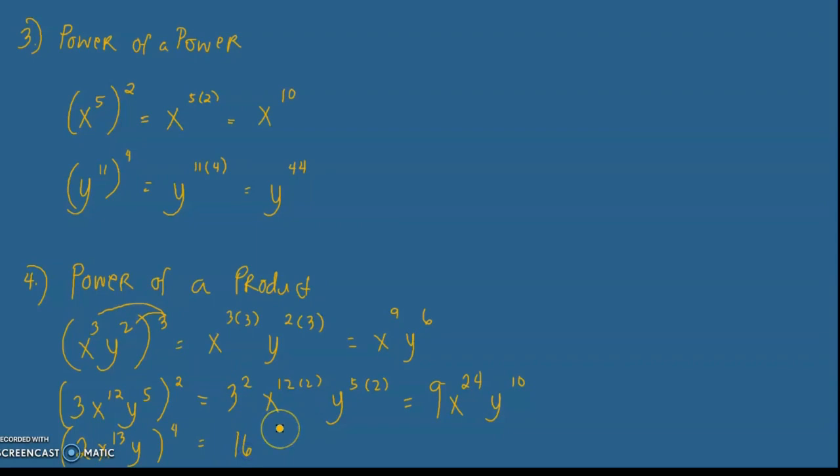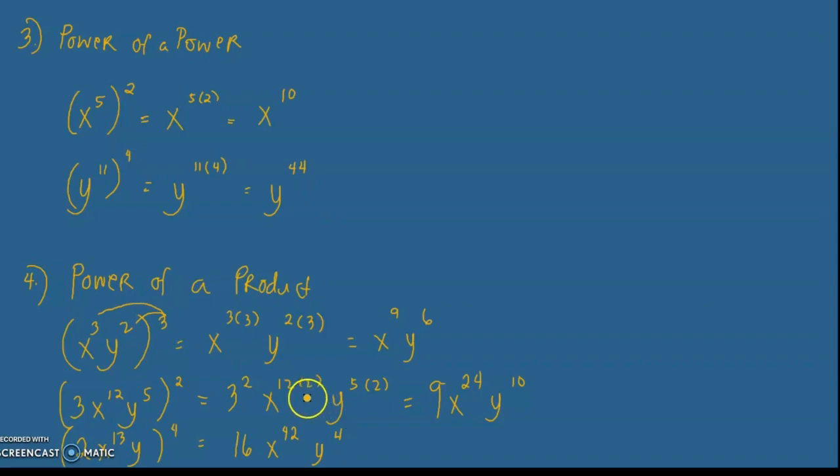How about x raised to 13, and that is being raised to 4? That is x raised to 42. And then, how about that y? Since y will only be raised to 1, 1 times 4 is 4. So that will be our answer.